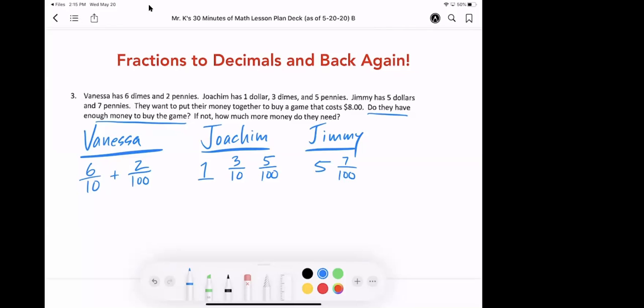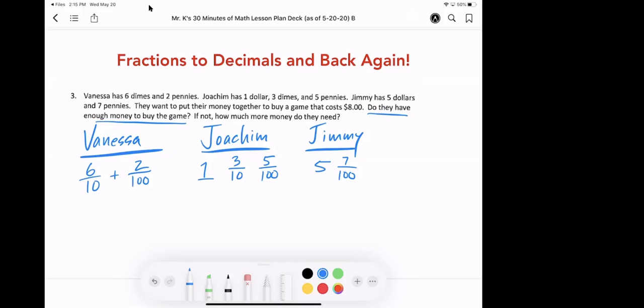Let's use 100 as our fractional unit, since we already have many of our fractions with hundredths as our fractional unit. So instead of 6/10, I'll have 60 hundredths, and then I have 2 more hundredths.